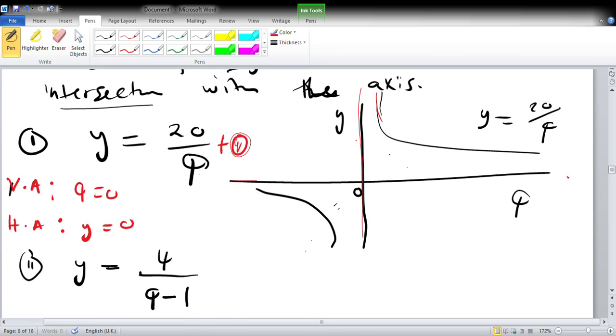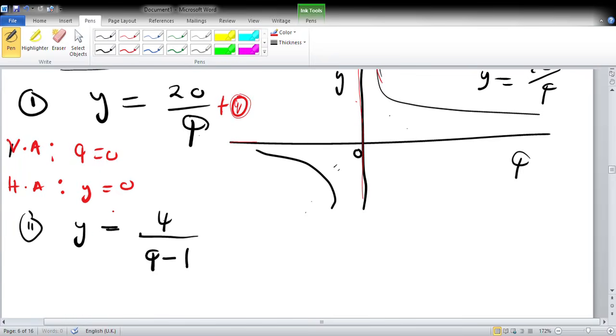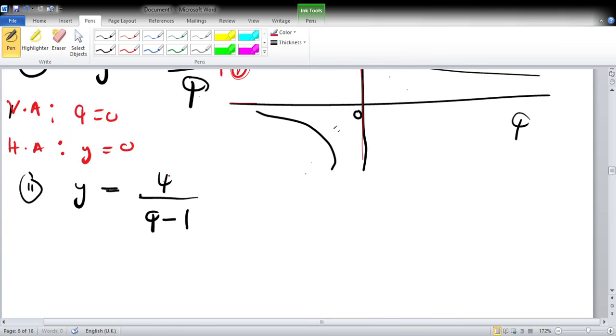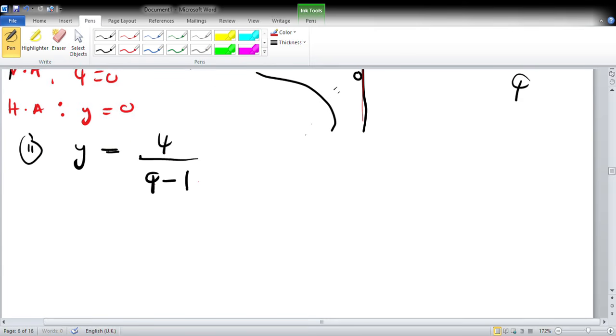But when we go to the second part, which says y equals 4 over q minus 1, 4 over q minus 1, what are you seeing? Number 1, there is a plus 0 here. The general form, which you said should be a over bx plus c in the denominator plus what?